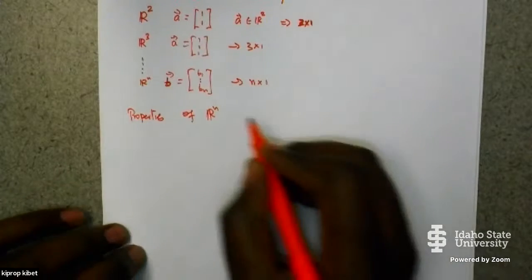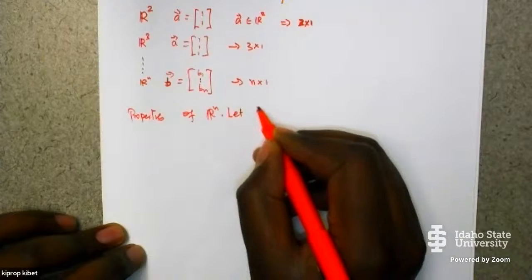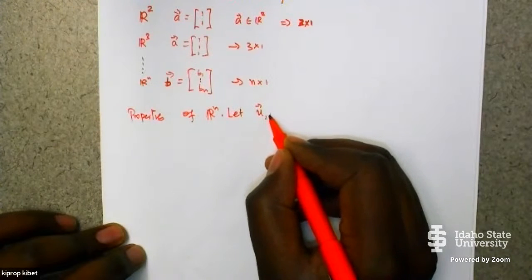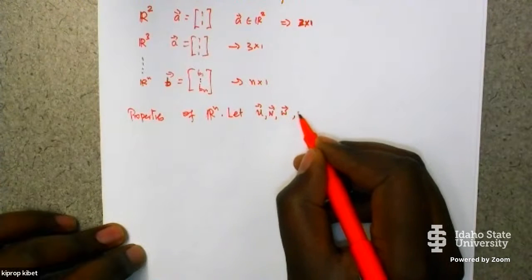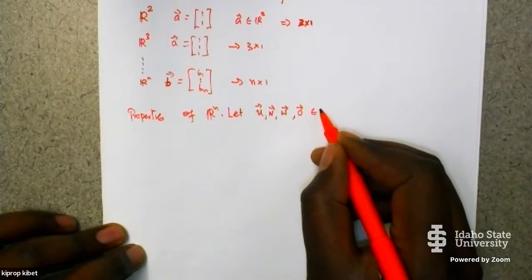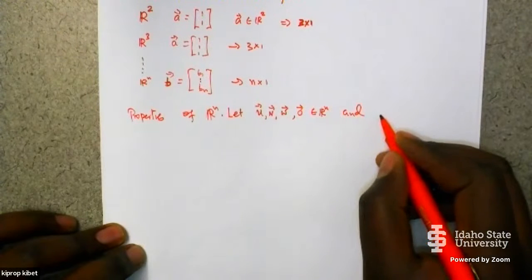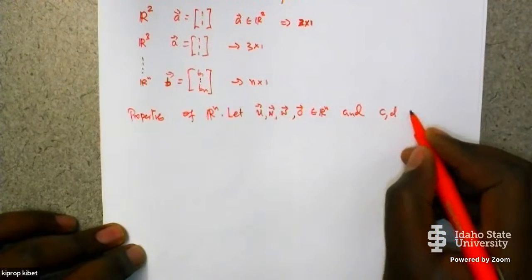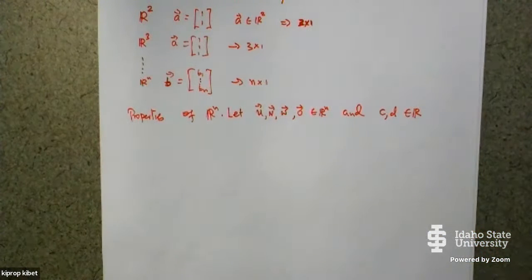Now, if we let the vectors u, v, and w, and the 0 vector, be elements of Rn, and c and d be elements of the real numbers, c and d are the scalars.